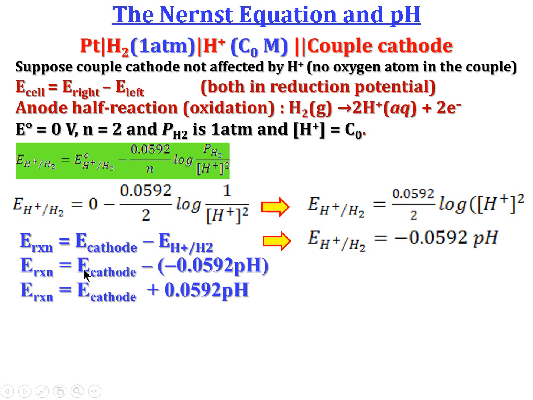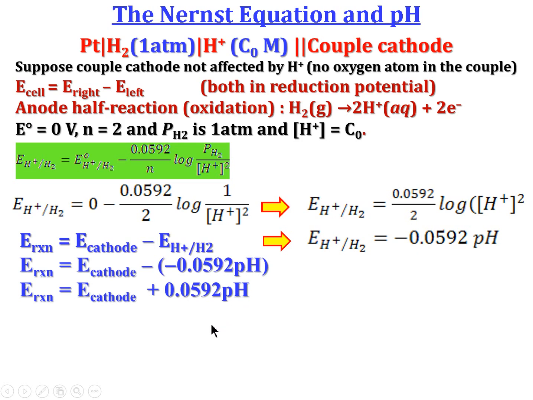we suppose that E cathode is known, minus 0.0592 pH. So E of the reaction is equal to E cathode plus 0.0592 pH. In this example, we observe that the concentration of H+ used will affect E of the reaction, or in other words, we have a relation between E of the reaction and the pH.